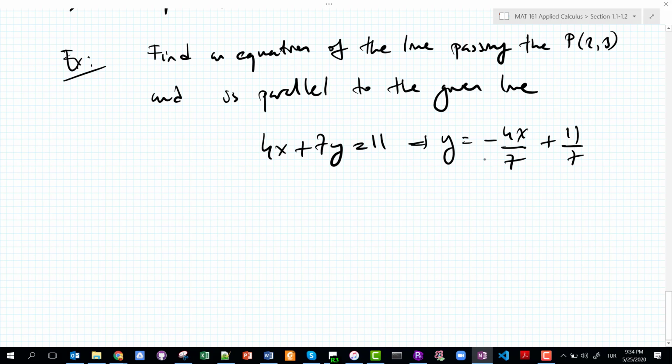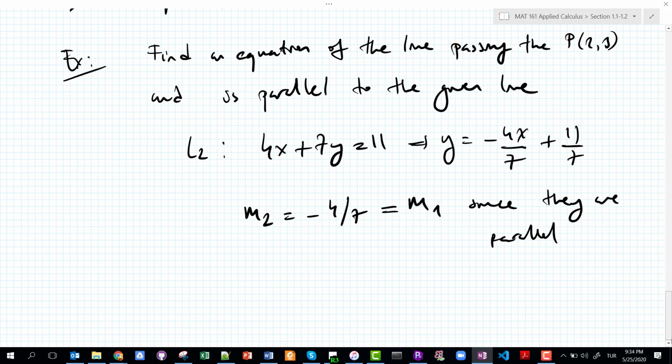So the slope for this line, let's say this is my second line, is going to be equal to -4/7, correct? Yes. If the slope for this line is -4/7, I know my other line's slope will be equal to that one, since they are parallel.